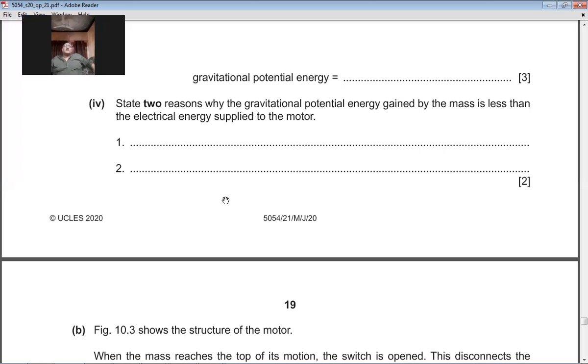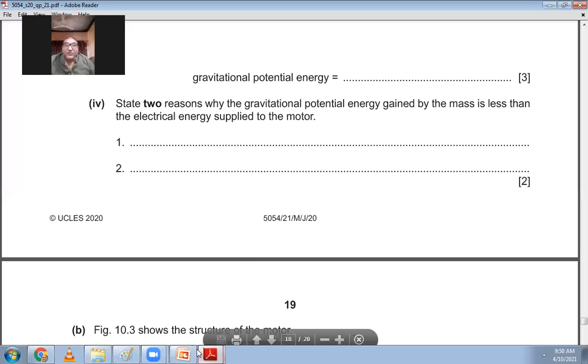So some of the energy went into doing work against the air resistance. Another reason can be that the motor has wiring in it, and those wires have resistance. When current flows through them, the electric energy is converted into heat energy, which is a wastage of energy. So there are many reasons.